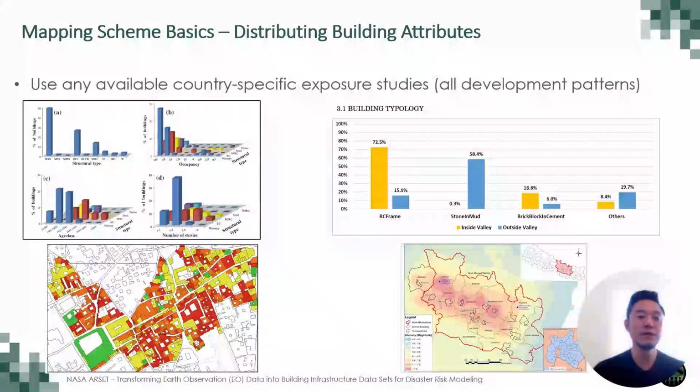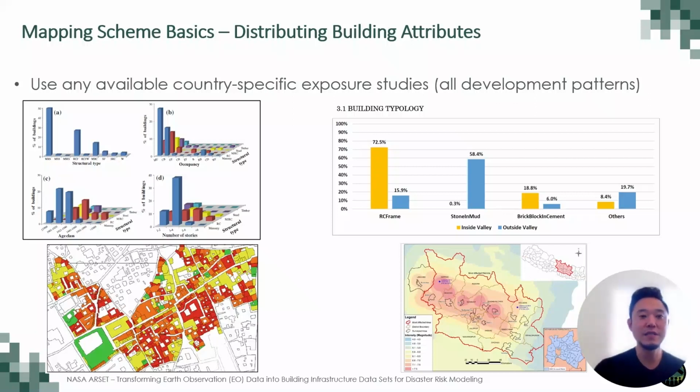For non-rural regions, we look for any country-specific exposure studies for mapping scheme development. These are usually done in high-hazard regions. For example, the one on the left is Tunis in Tunisia. It was essentially a field survey where they recorded the number of stories, structural type, age, occupancy.